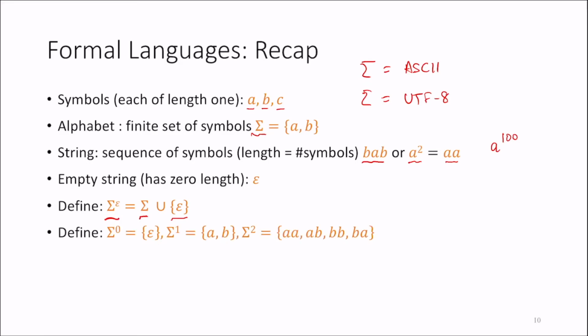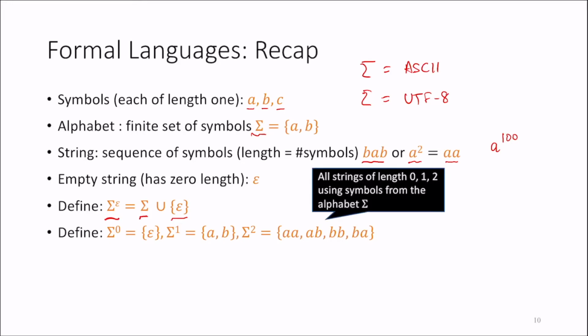Now, a language is just, as I said, a set of strings. So if I have an alphabet sigma, then sigma^0 is all the strings of length 0. As we saw, epsilon is the special case of a string of length 0. So sigma^0 is just the set containing epsilon, the empty string. Sigma^1, assuming the alphabet looks like that, is all the strings of length 1.